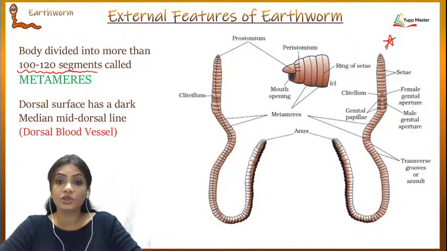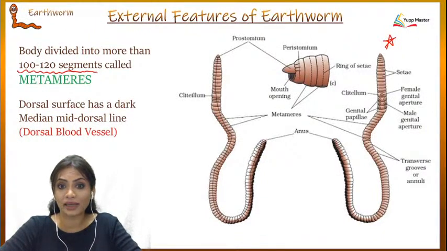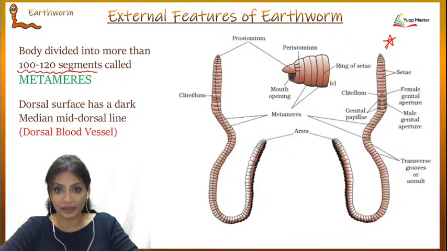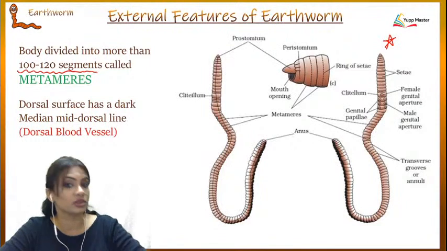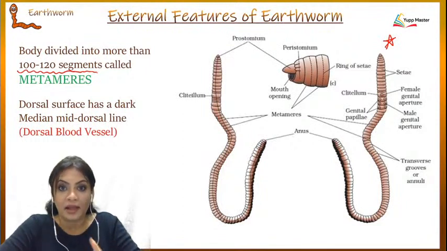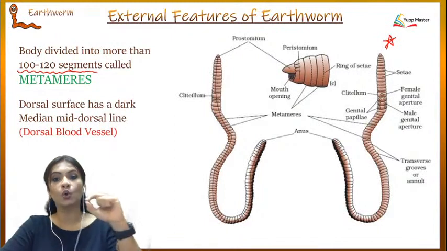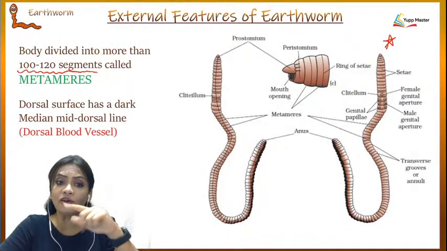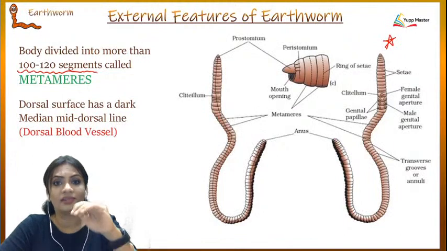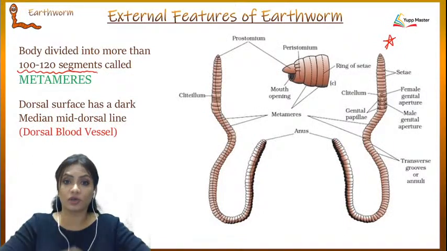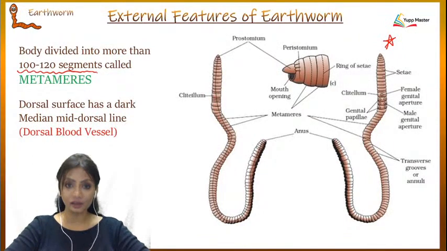In a little while, we'll discuss some characteristics by which you will be able to tell where the anterior surface and the posterior surface are. But the first thing I'd like to teach you right now is, if you're holding that earthworm, how will we know where its dorsal surface and its ventral surface are?